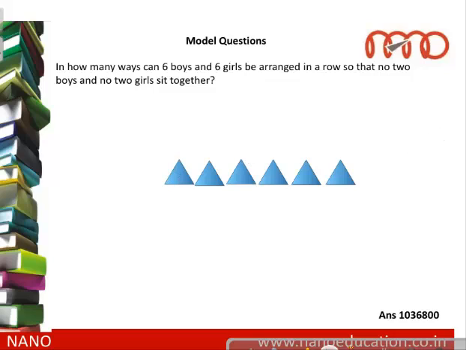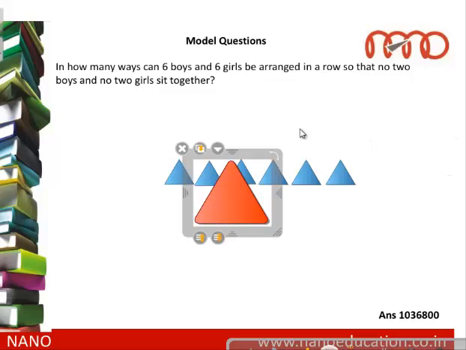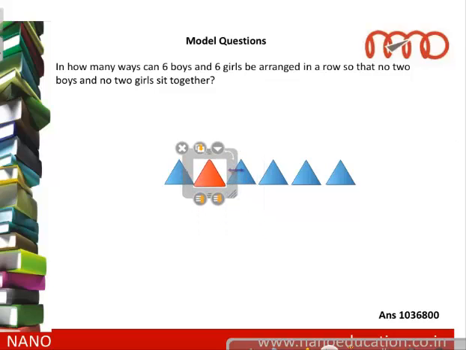And no 2 girls are to be together. So girls, let's say they are these red triangles. They are also 6 in number.